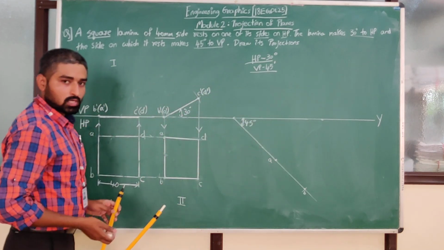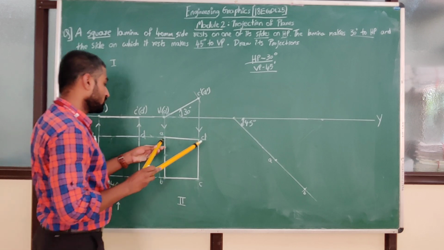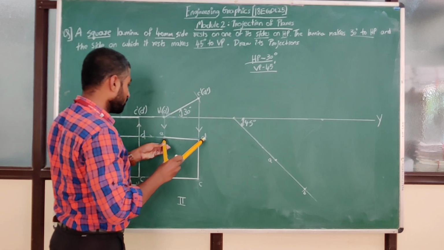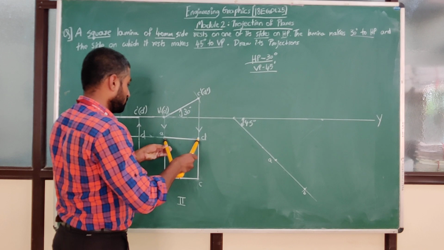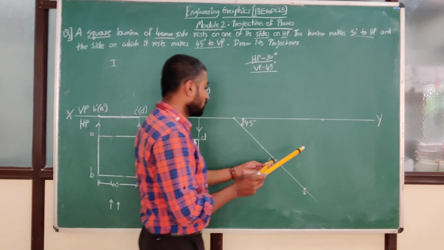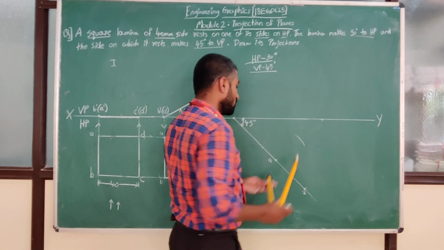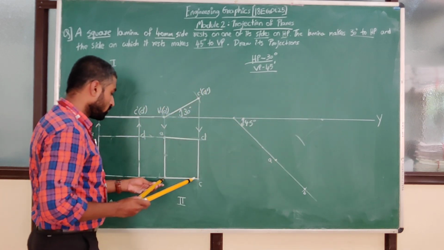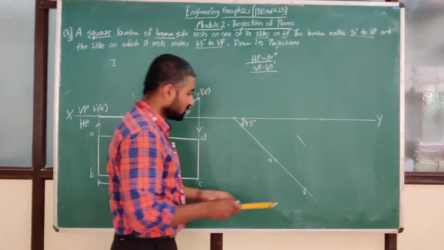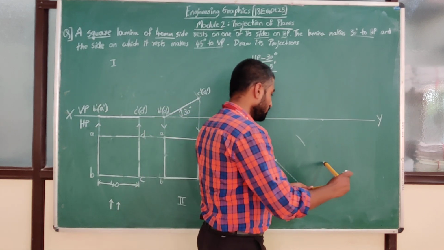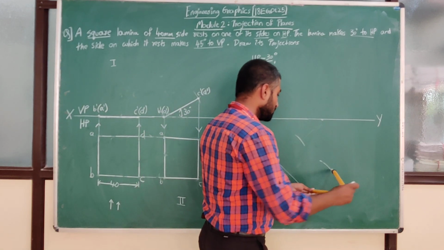Next, what about the remaining points? How to get them? It is the same method. So take A to B and just cut an arc. Don't worry about the distance. Again, go from B to C. It will be of the same length, so just cut an arc.